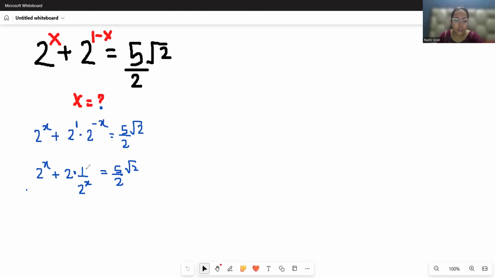Now we can write this as 2^x + 2 by 2^x = 5 by 2√2.